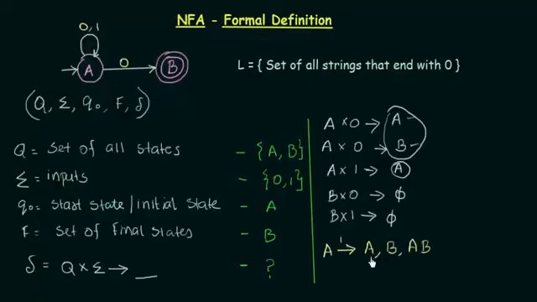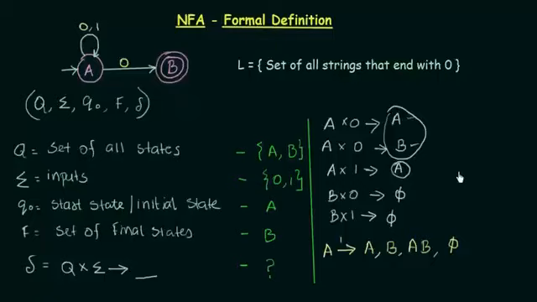Or it can also go nowhere, just like we saw that B was going nowhere. So this A, on getting a certain input, has these four possibilities. It could either go to A, B, AB, or phi, right? So there are four possibilities.